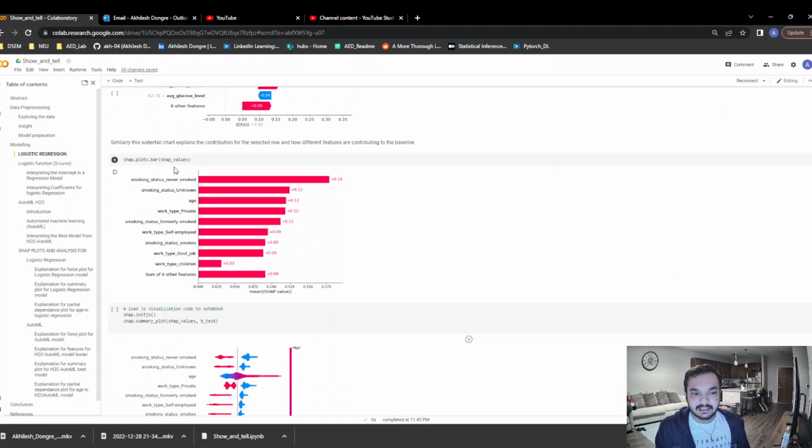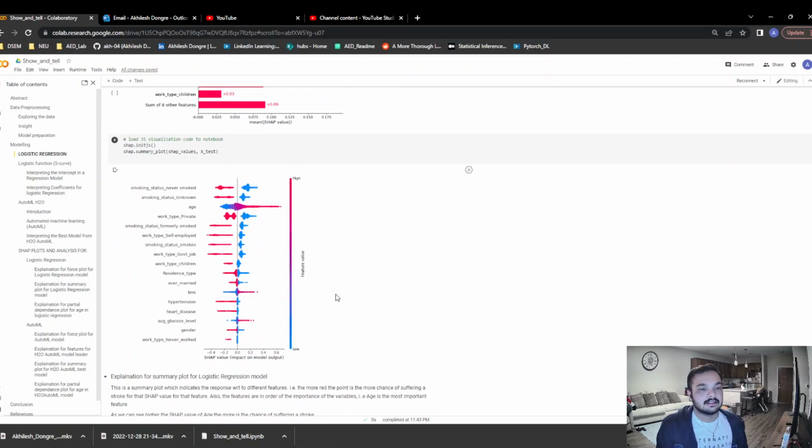Similarly, now we look at the SHAP values. If the person has never smoked, this contributes a lot. If it is unknown, this also contributes a lot. Age is one of the top three, as we could figure out from the basic EDA we did initially. Now we look at the SHAP value summary plot.